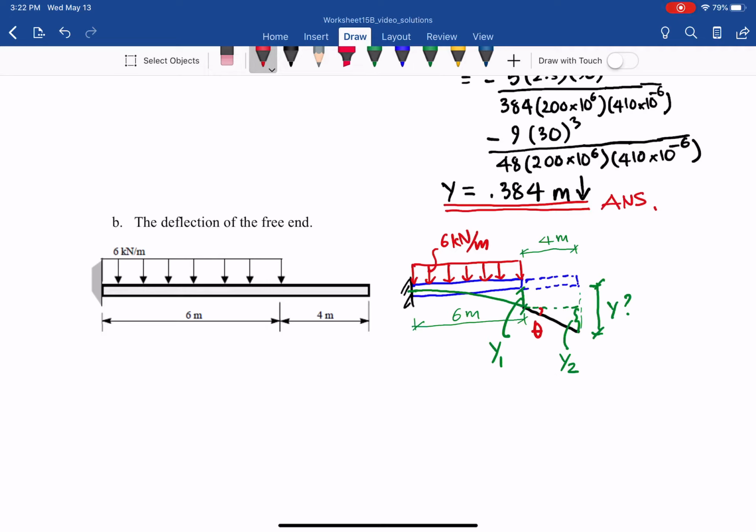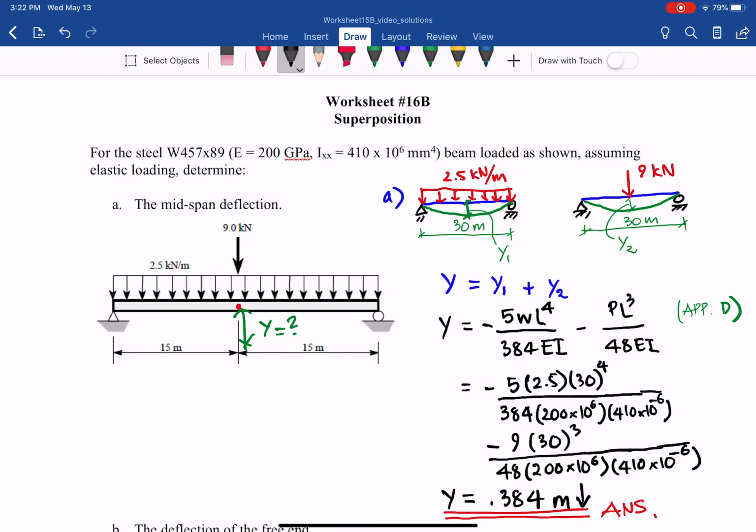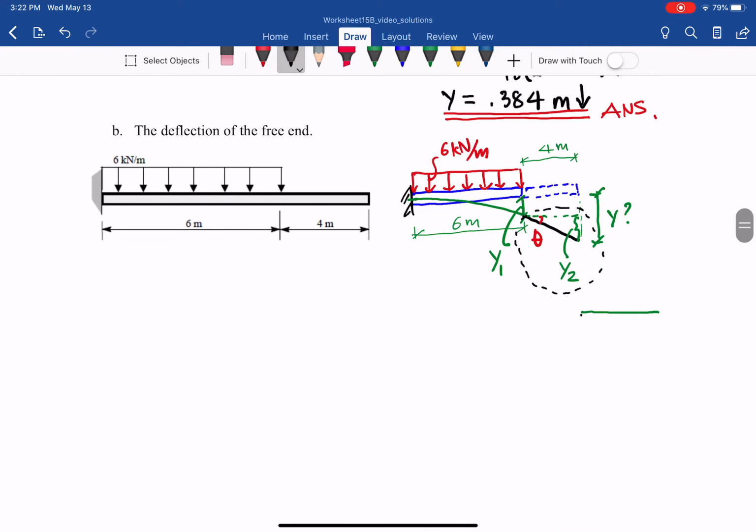If we zoom in on this portion, we have this triangle, the elastic curve, and the line with slope theta at that point, 4 meter here, and y2.